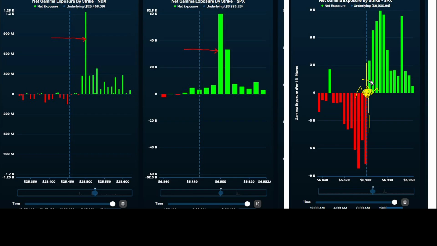When price starts in a range here, you don't have to do anything for the entire day. You have to wait for the price to make an imbalance, where this bar reduces in volume and this one increases in volume, or vice versa. You need to see an imbalance in GEX exposure.